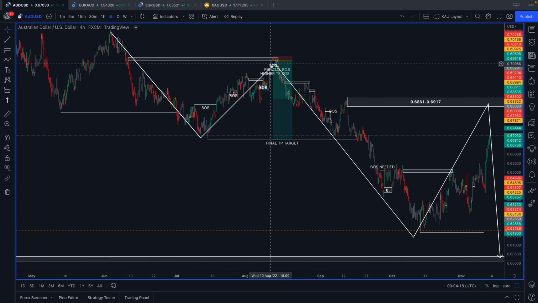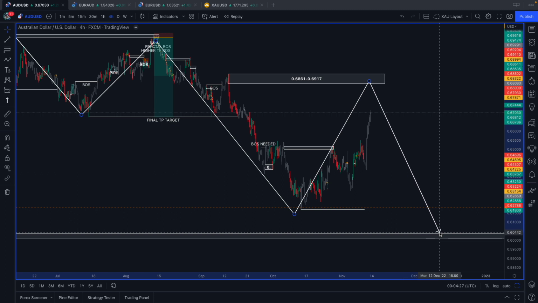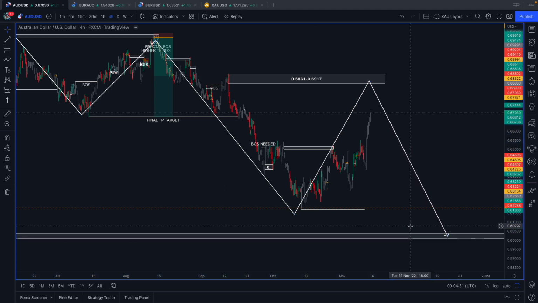We've got a high, we've got a lower high. This will be the next lower high. We have a low, a lower low, and then hopefully price will go on to create a new lower low. I've marked out a demand zone there that I believe price will trail to before ultimately reversing again and putting in that corrective wave again.